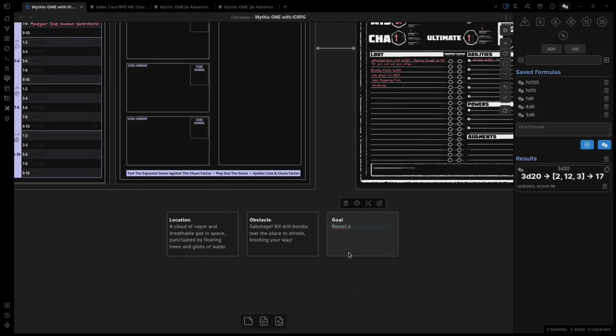Repair a damaged power station on the Psyker Frontier. I feel like that should be a capitalized word. Okay. So these are our logs. We'll call that log.